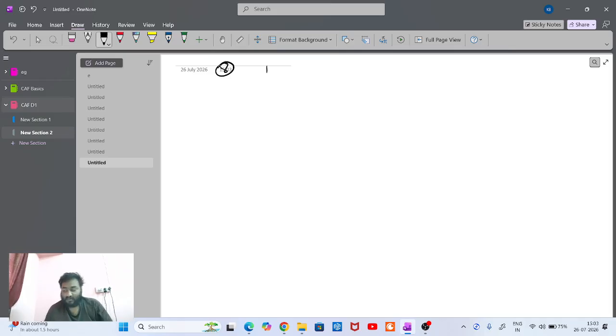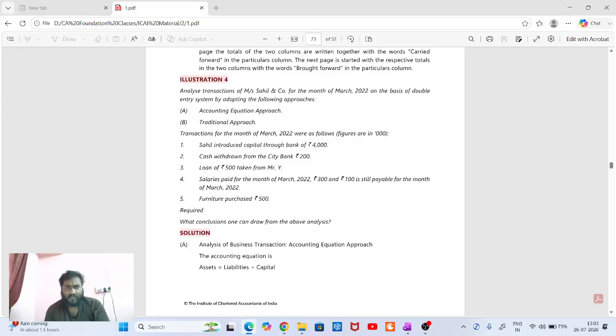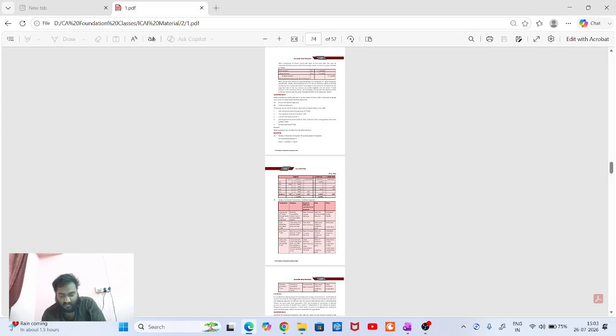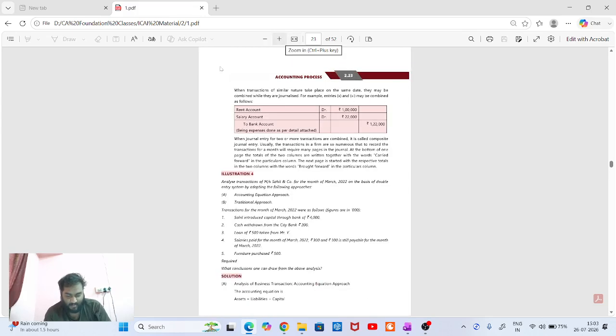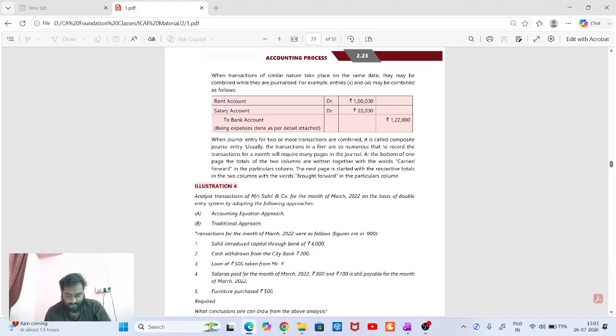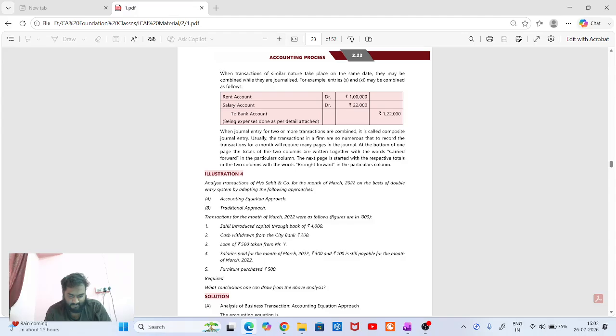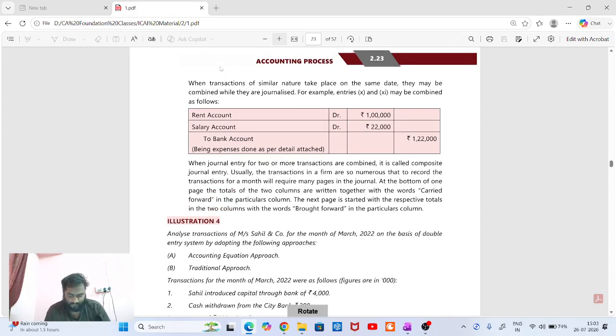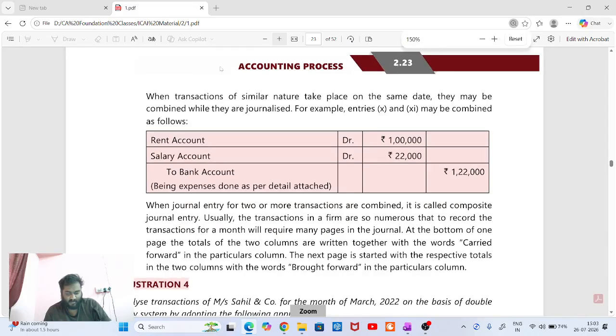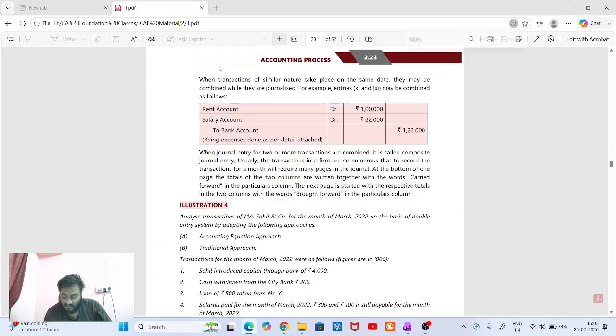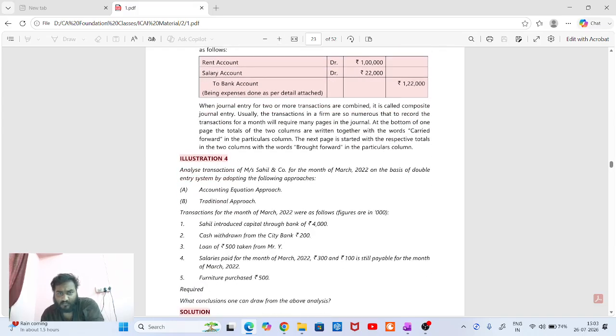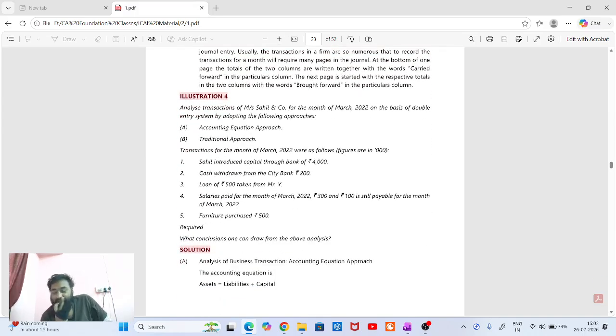Okay. So the question number 4. Endless transactions for the month. First one, accounting equation method, and second one, traditional method.